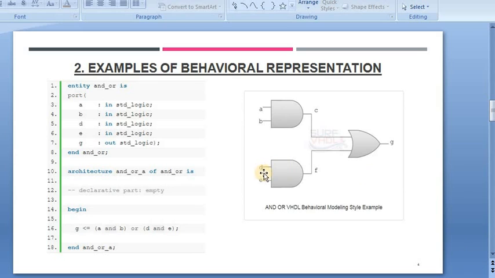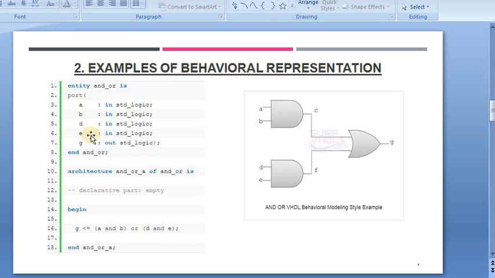As you see on the slide, an example of an AND OR logical circuit is shown, and the VHDL behavioral style is written over it. Here in this example, the VHDL code is implemented using the behavioral approach. Initially, the AND OR logic is declared in the entity declaration.